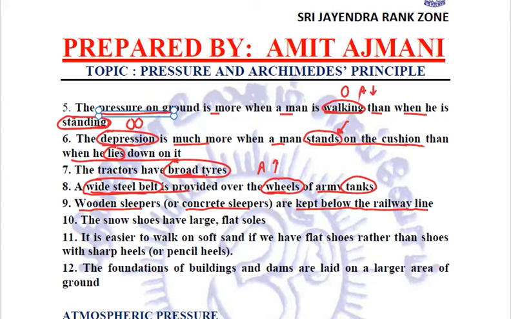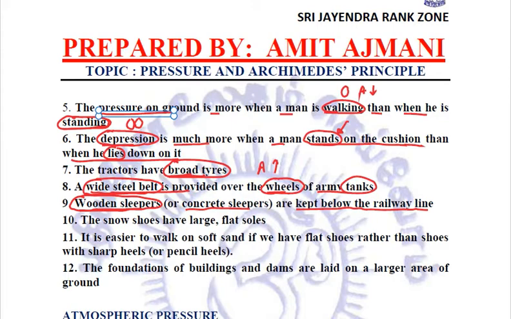That pressure the railway line will not be able to tolerate, and the railway line is going to go deep into the ground. But it is just because of these wide wooden sleepers that this pressure is reduced, because they provide more area.